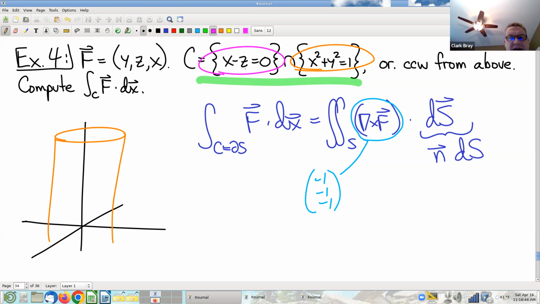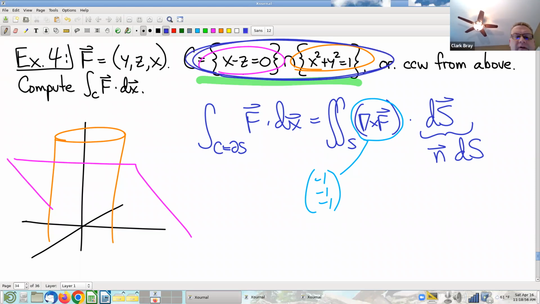Oh, let's see, x minus z is 0. Okay, so that's going to be a little bit hard to draw accurately, but anyway, the intersection here is an ellipse, something like that.